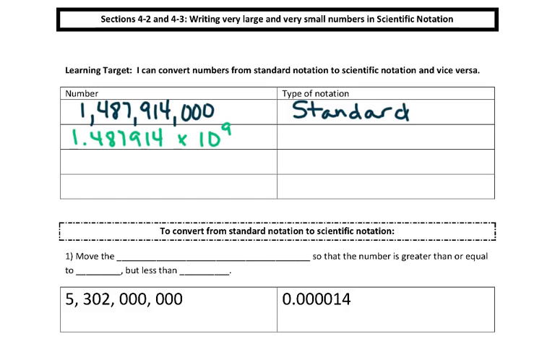Now we're going to learn how to do that, but remember from our previous video, the first number is between 1 and 10. We multiply by 10 to a power, and the exponent is an integer. So this is in fact in scientific notation.